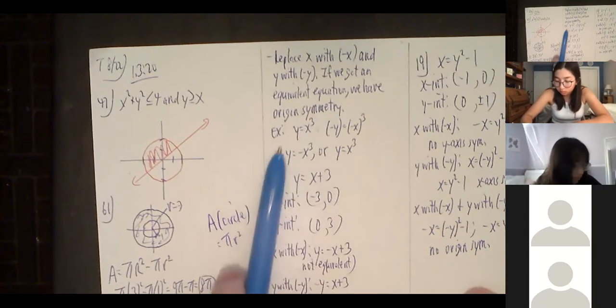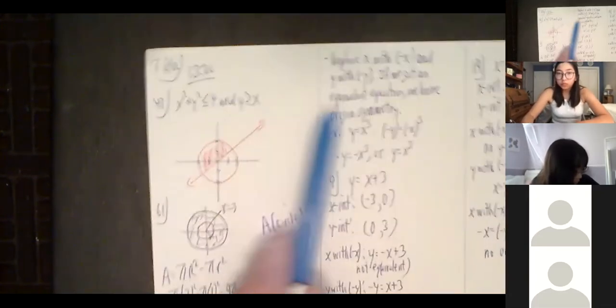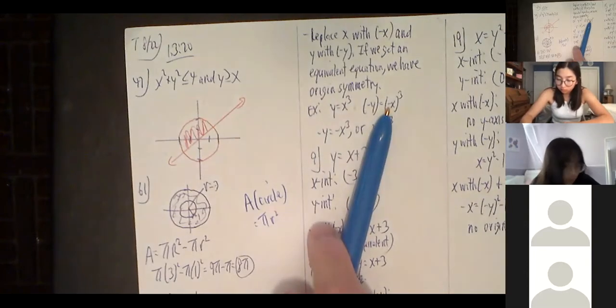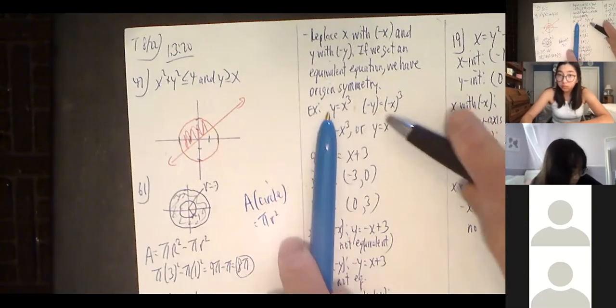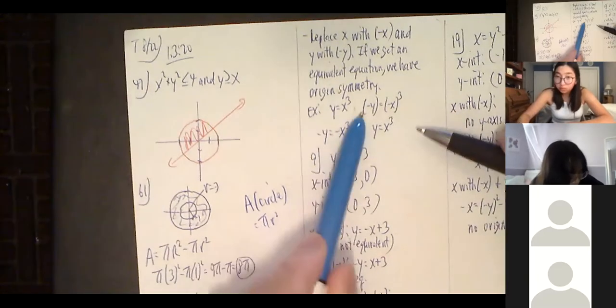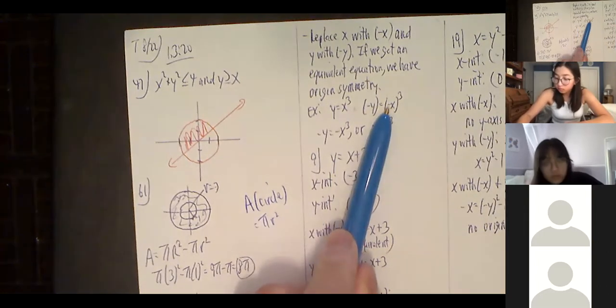So an example was y equals x cubed. I mentioned back over here, y equals x cubed had origin symmetry. So replace x with negative x, replace y with negative y, okay? And if you do that, you have negative y equals, what is negative x cubed?